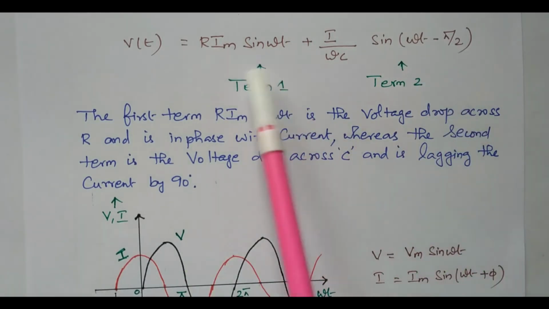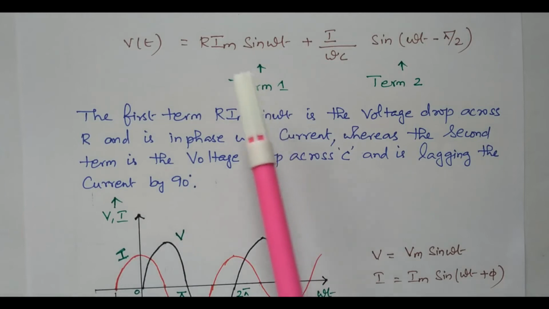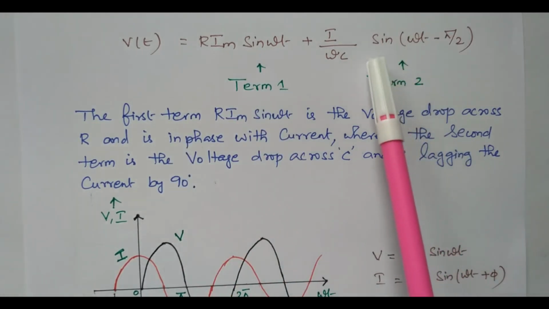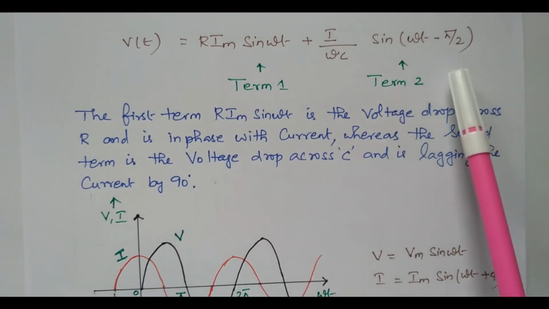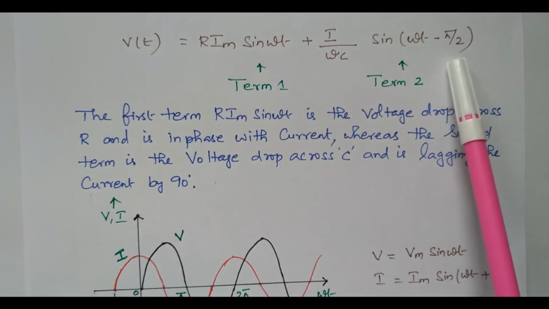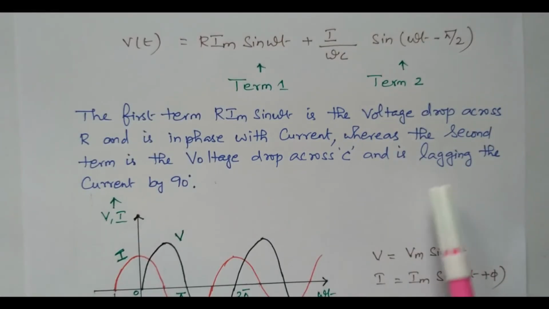So from these two terms we easily identify that the voltage drop across the resistor is in phase with the current, and the voltage drop across the capacitor is lagging the current by 90 degrees. There is a phase difference of 90 degrees. The current is leading or voltage is lagging.